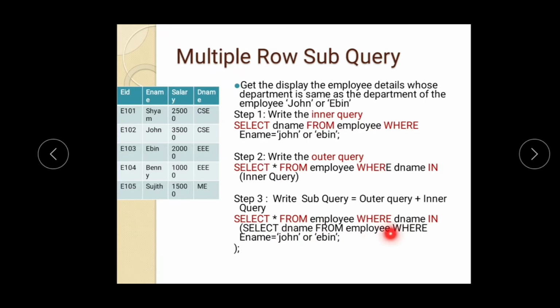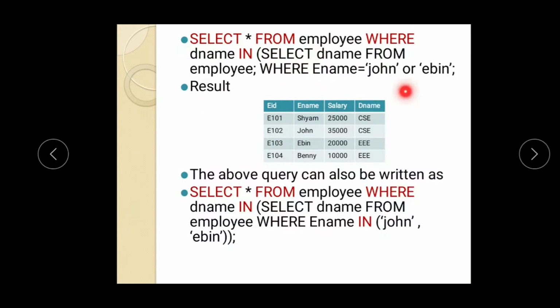Because this inner query will return multiple values, for example the department names CSE and electrical. Many values are there, Shyam, John, Eben, Benny. So this is why we are using this concept. Clear? So this is our query and this is the result we are getting.